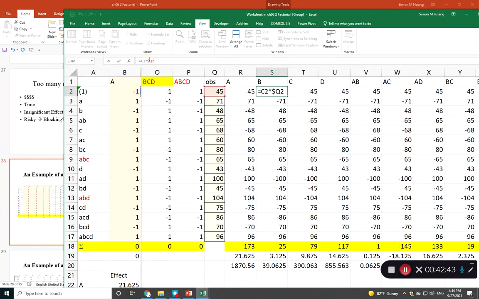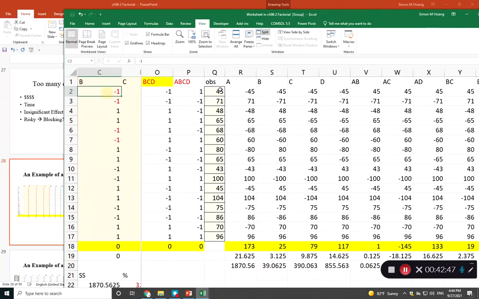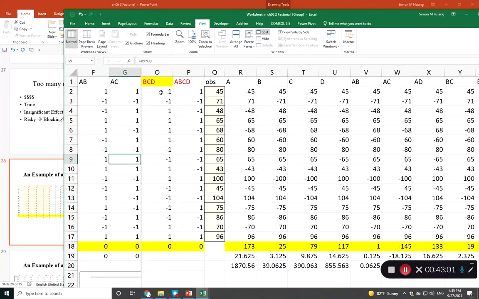The B effect is using the B contrast times the observation. C effect, D effect, AB is using the AB contrast times the observation. Are we good? Can you see everything? Good.